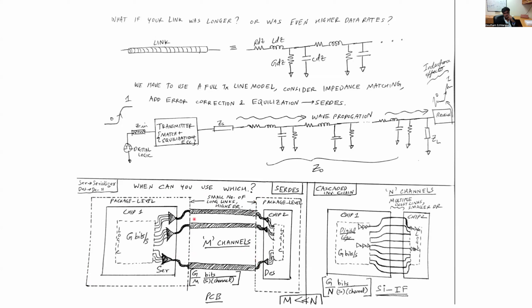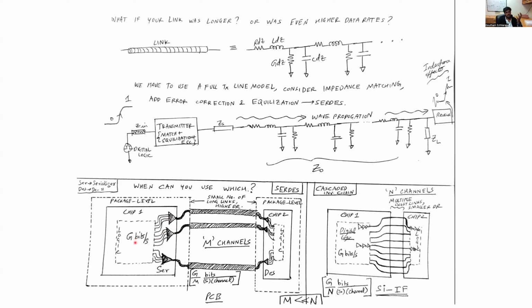In this case, because of the physical limitations of making links on the PCB, the number of links on the PCB is obviously going to be limited compared to the number of links that come out from the chip itself, which are the chip pads. And since there is this mismatch in the number of links on the PCB versus the number of links that come out of the chip, you have to serialize the data.